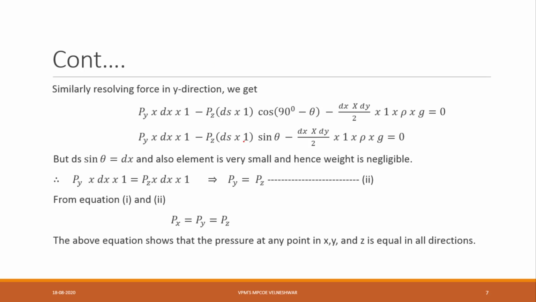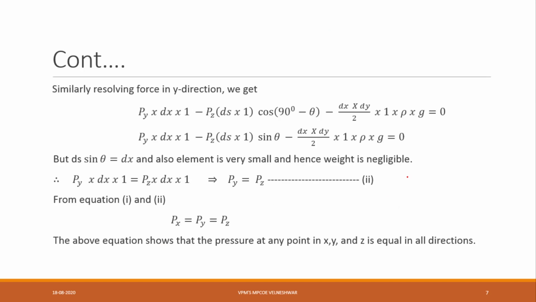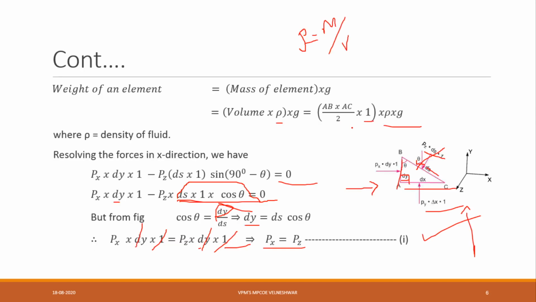That is Pz into... now here the formula will be changed. As we are considering the y direction, we will get cos theta now. How do we get it? Cos of 90 minus theta, minus the weight of the element, dx into dy divided by 2. Why? See here, AB into AC divided by 2. AB is nothing but dy and AC is nothing but dx.